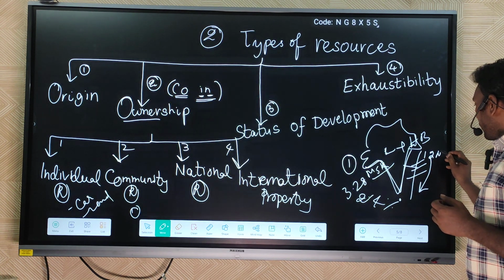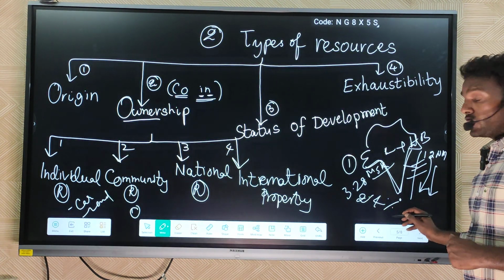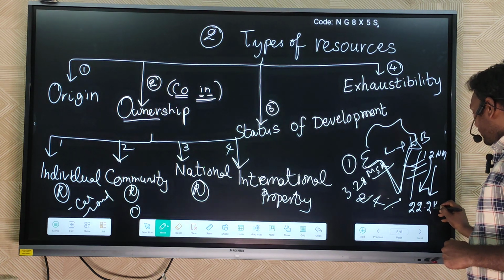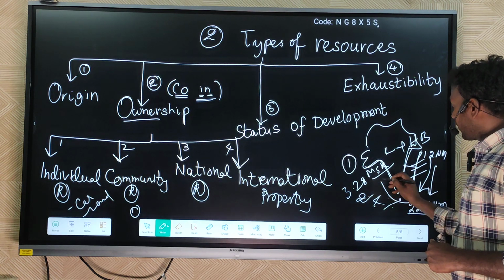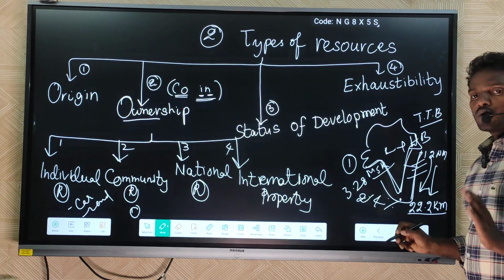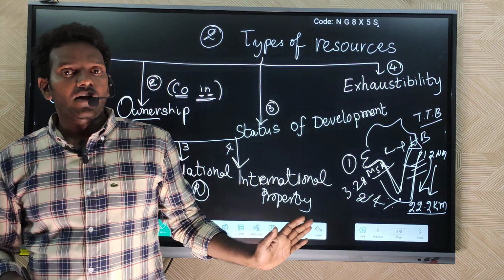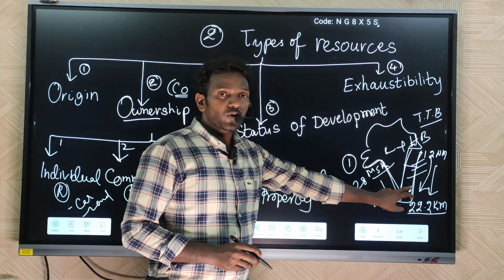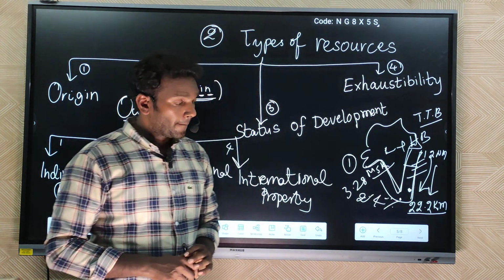What is a nautical mile? If 12 nautical miles are converted into kilometers, it comes to 22.2 km. Up to 22.2 km it is considered a territorial boundary for any country. What is that? Territorial boundary. Up to 22.2 kilometers we can utilize it. It is considered a border for the particular country. See here, it also comes under national property. Up to where? Up to 22.2 kilometers. Is it clear?